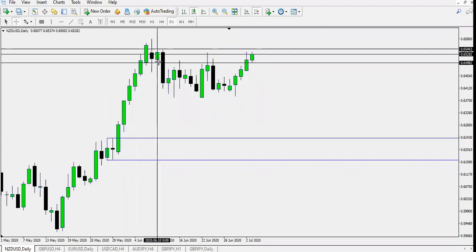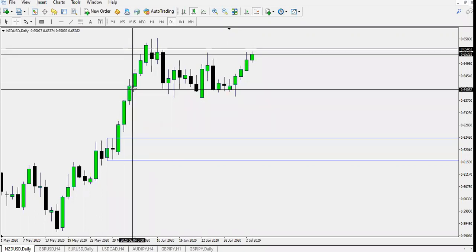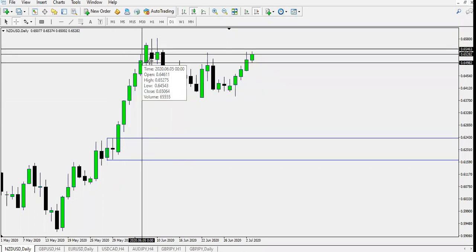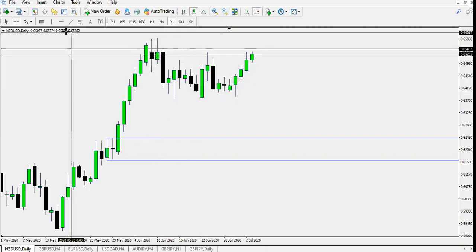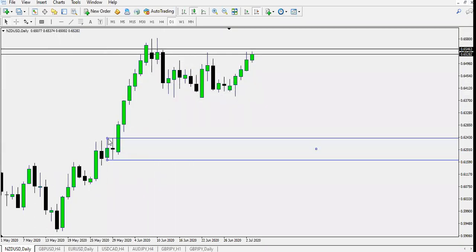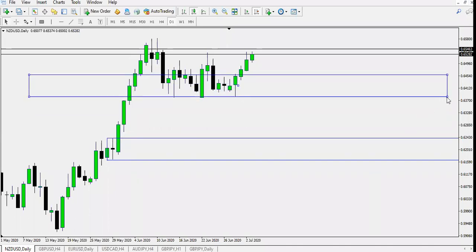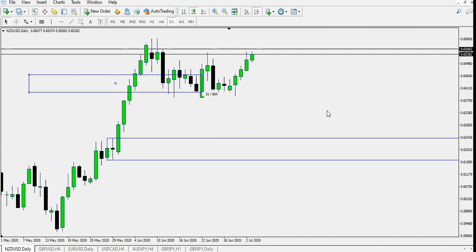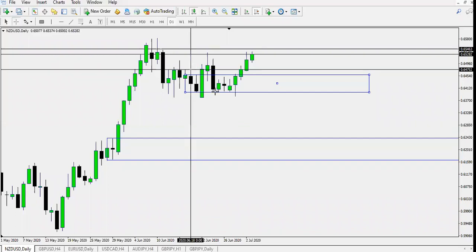So on the daily time frame, we can see that NU is still bullish. This move to the upside has not had another bullish order block until this one over here. And we can see that this bullish order block was gapped down.